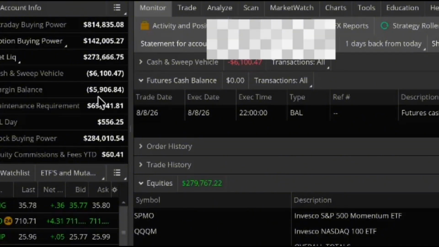The market here on my portfolio, you guys, would have to drop substantially, because I need to keep a 25% maintenance buffer before it gets to $6,100. This is a huge drop in the market. That's like the market dropping from $273,000 all the way to $15,000. I need to make sure I keep a 25% maintenance.